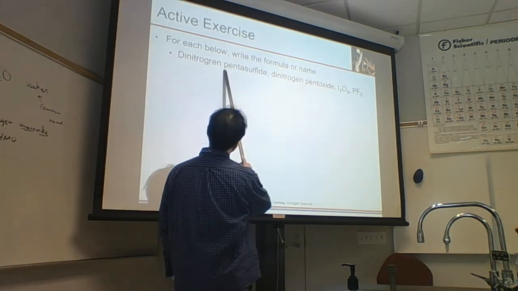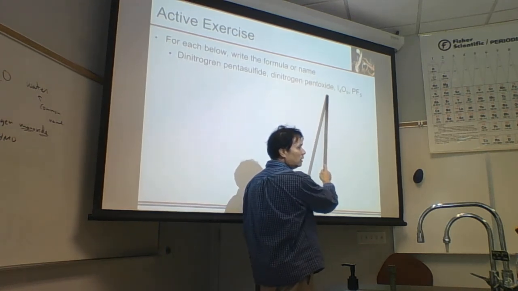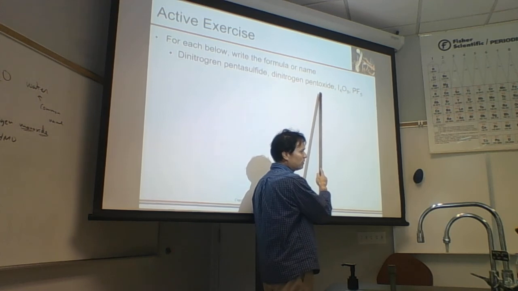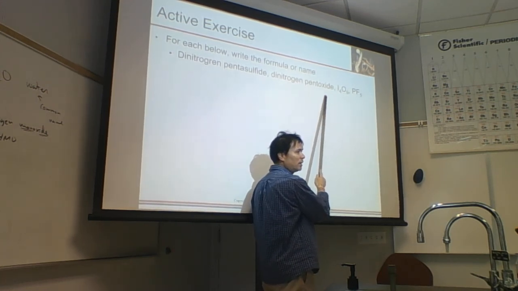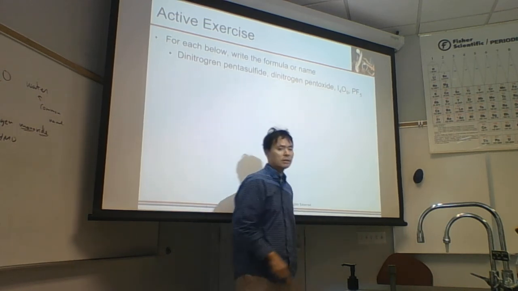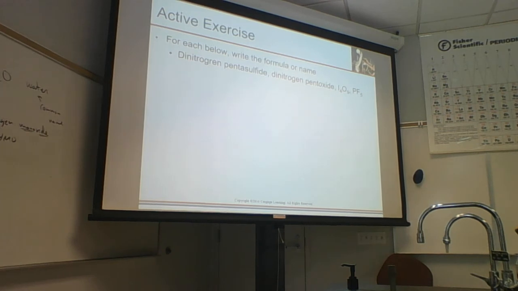If we look at this, this is pentasulfide. This should be pentaoxide. But you know, it gets mixed up when you have these double vowels. So rather than calling it pentaoxide, they drop the A and call it pentoxide because it just flows easier. And so dinitrogen pentoxide would be N2O5.